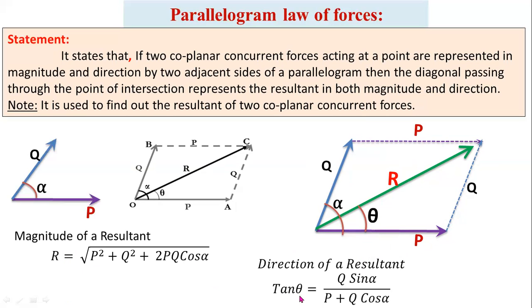Here tan theta equals Q sin alpha divided by P plus Q cos alpha. From this equation you can find the value of theta: theta equals tan inverse of Q sin alpha by P plus Q cos alpha. By using these two formulas, you can calculate the resultant and its direction. In the next slide I will explain problems using these formulas.